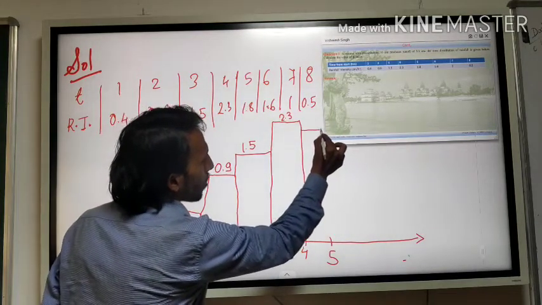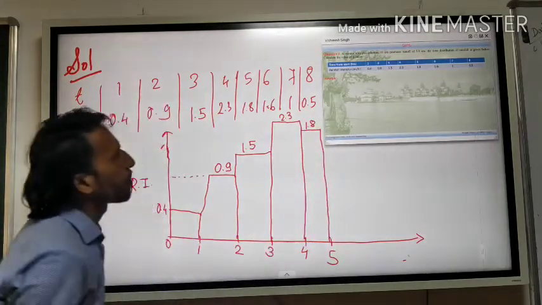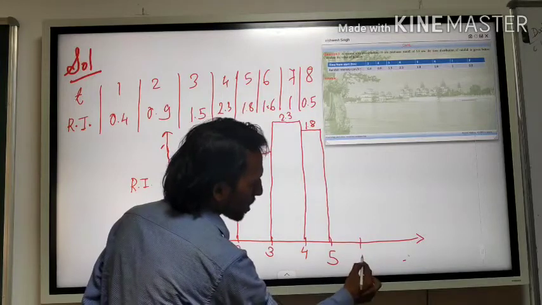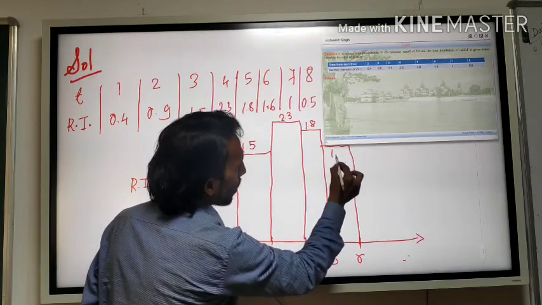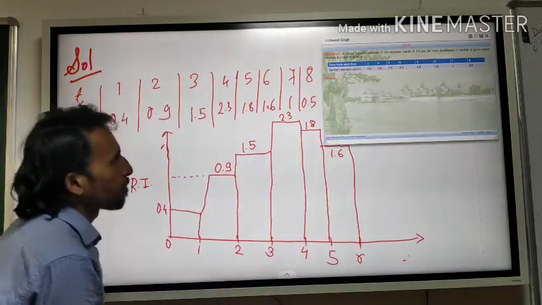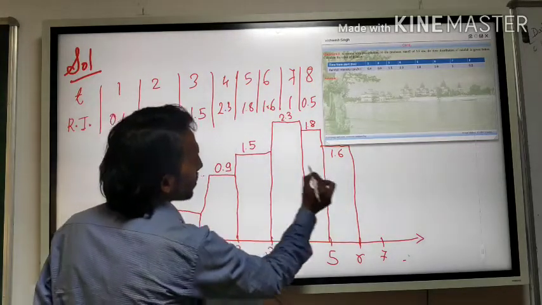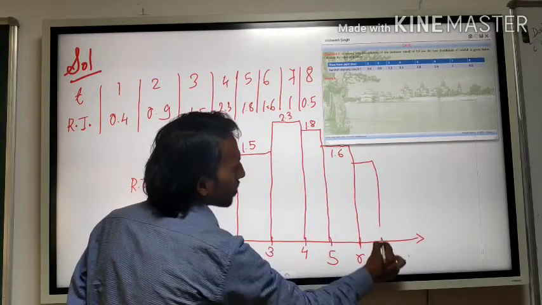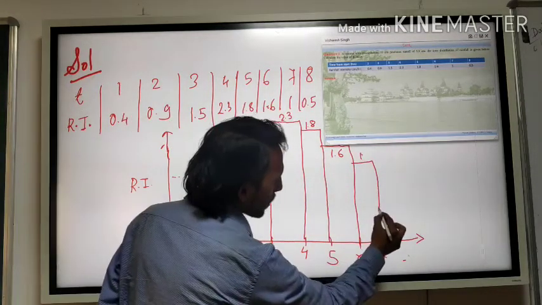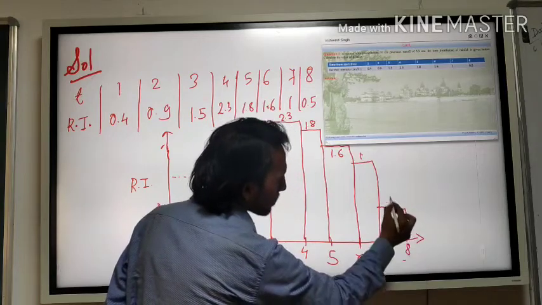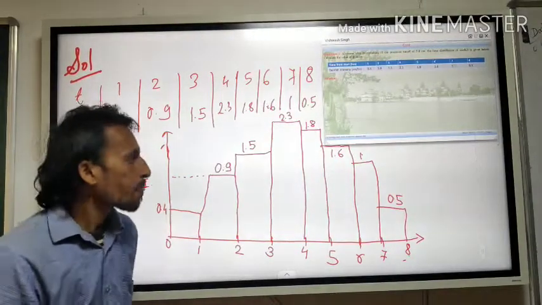For the sixth, the value is 1.6. For the seventh, the value is 1. And the last value is 0.5. So this is your histogram or hydrograph.